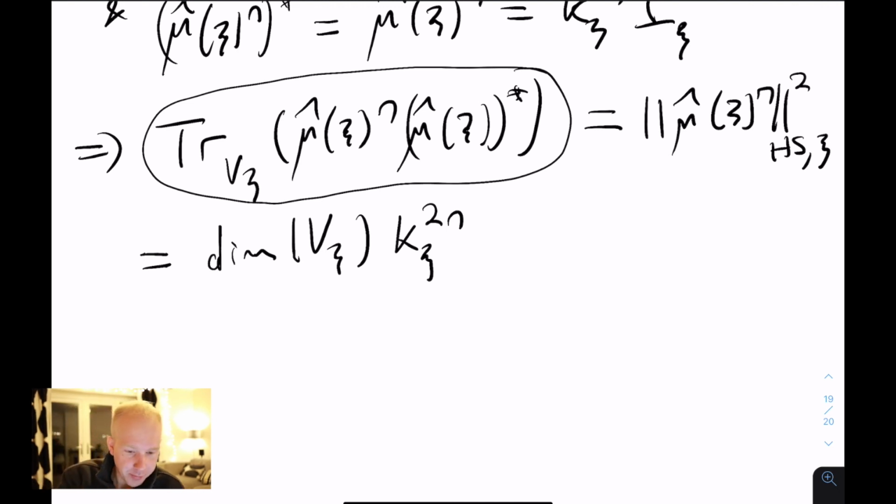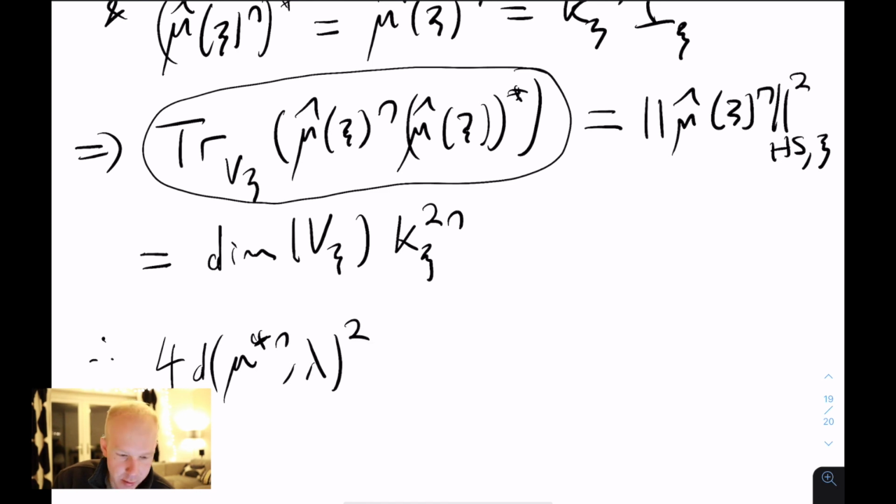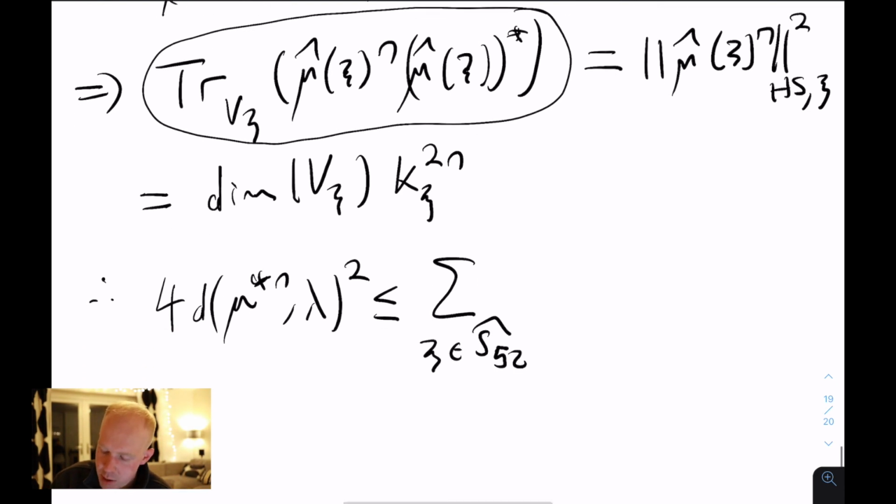So now we have proven, using the upper bound lemma, this upper bound for the uniform distribution. It is bounded from above by the sum over psi in S52, psi not equal to 1, of the dimension of the vector space.